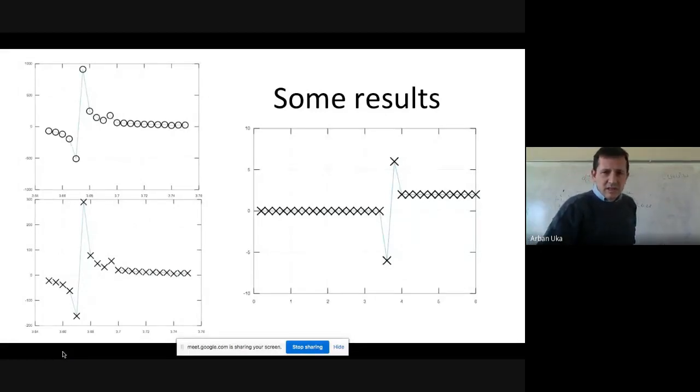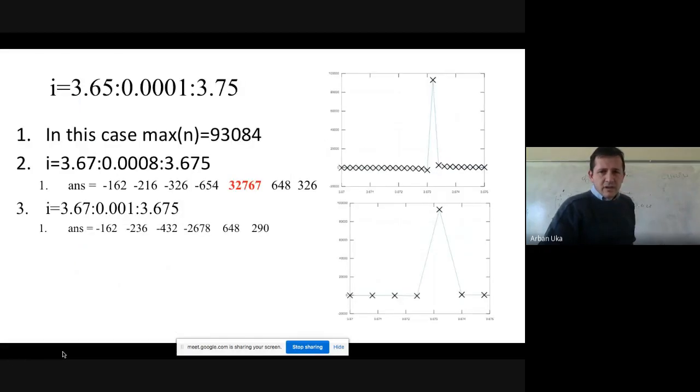We have shown here the results of the n, and you can also check that if we use a delta x of 10 to the power -4, the convergence even jumps to 32,000.